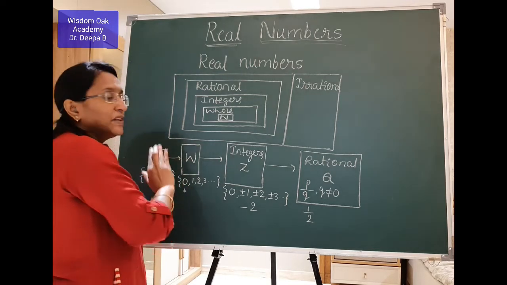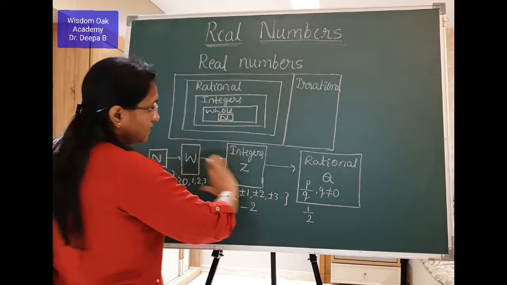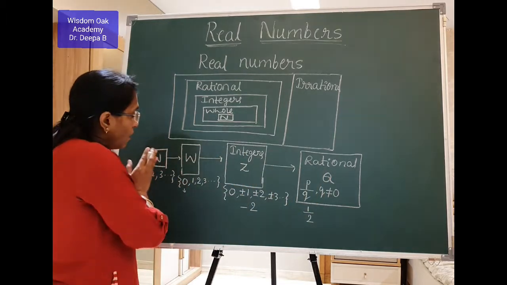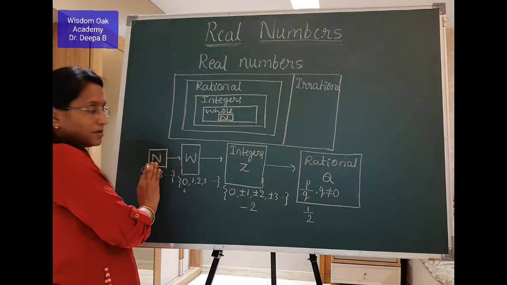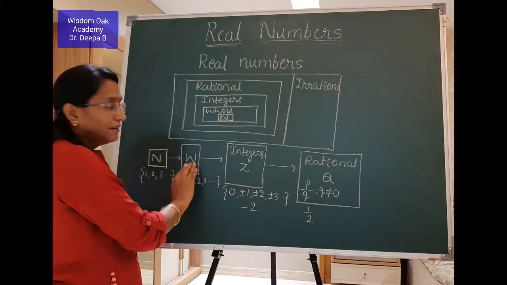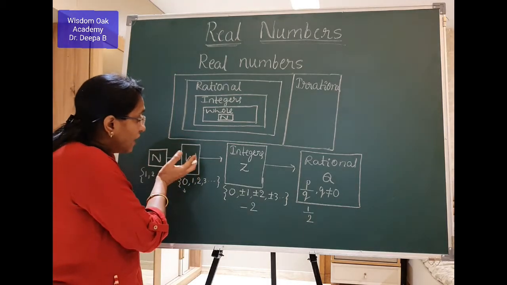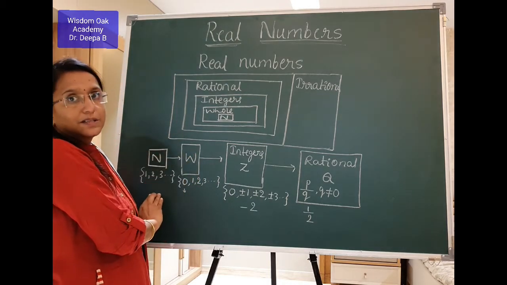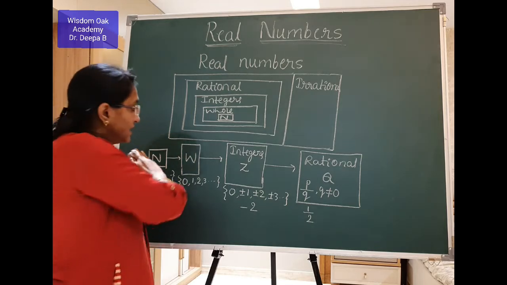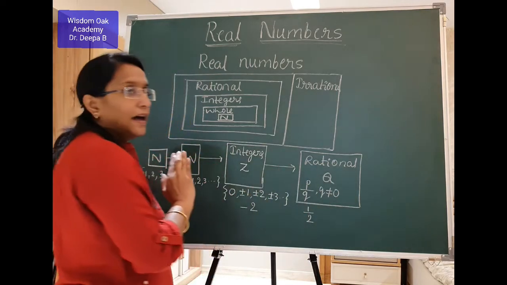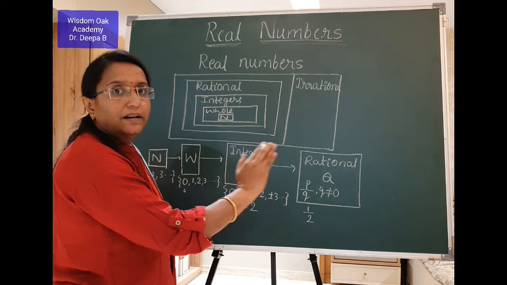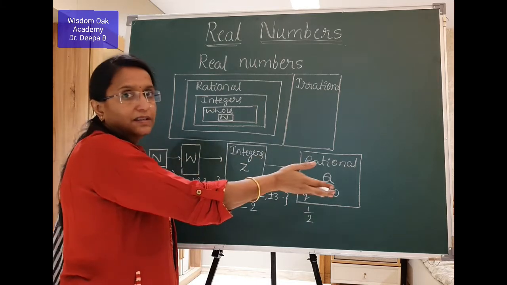In this way, just remember this chart. Okay? Only this is a small box. You can put it in the bigger box. But you cannot put a bigger box into the smaller box. That's why just remember this one. N, W, Z, Q. Only it will go in this way.